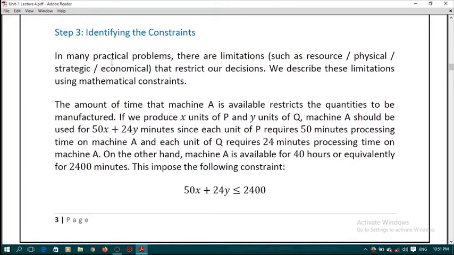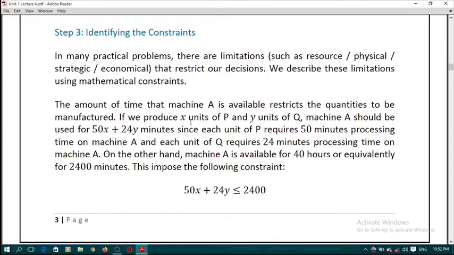So in many practical problems there are limitations such as resources, physical, strategic, economical that restrict our decision. We describe this limitation using mathematical constraints. Here, the amount of time that machine A is available restricts the quantities to be manufactured.